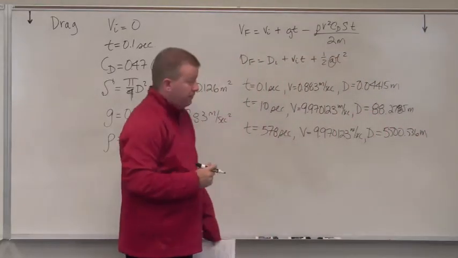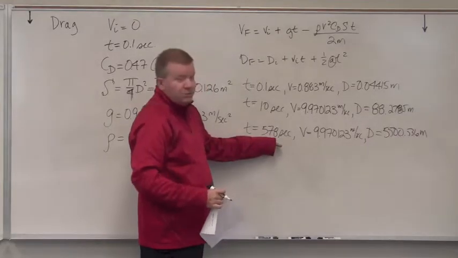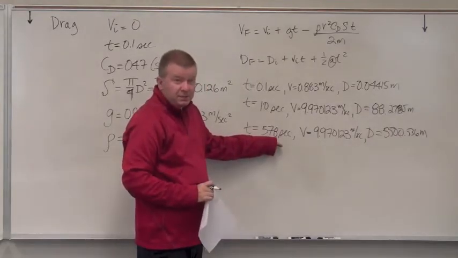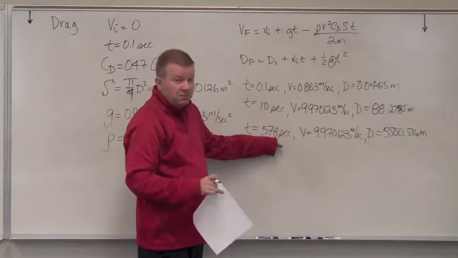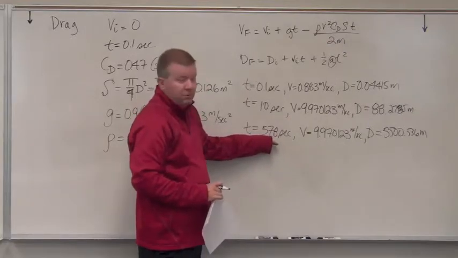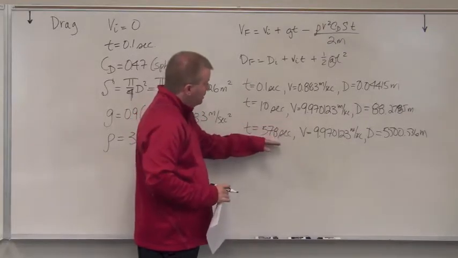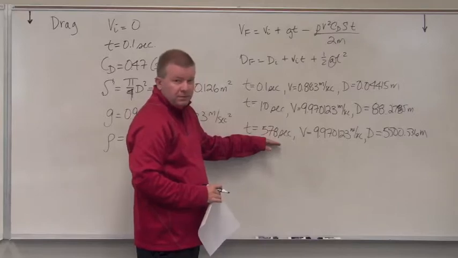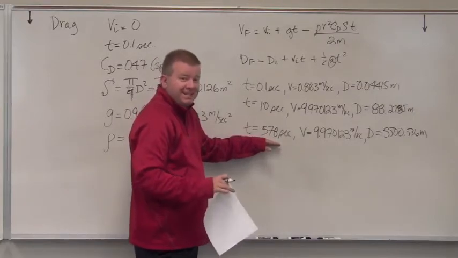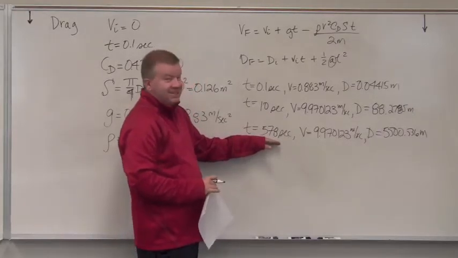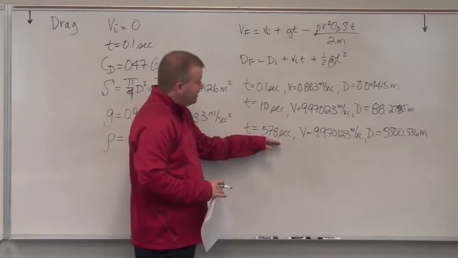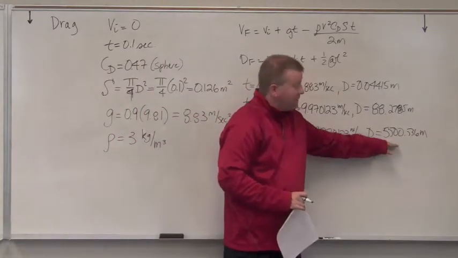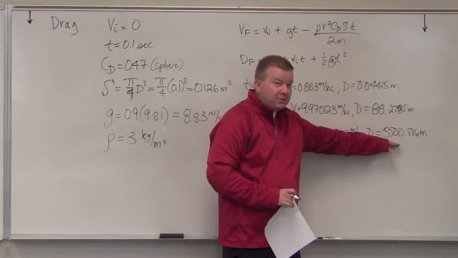We've almost gone 10 minutes, 578 seconds. Fifty-seven point eight minutes to be exact. But no, 10 minutes. Wrong thing. It's a Sunday morning, I'm tired. Around 10 minutes, and we went basically 5.5 kilometers.